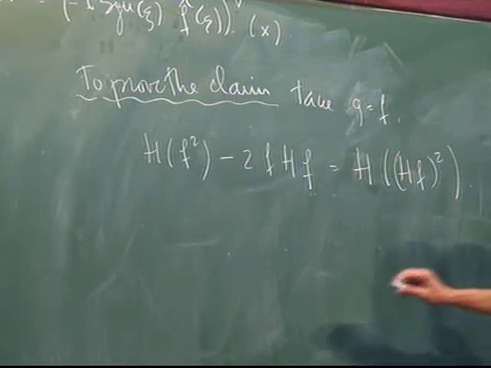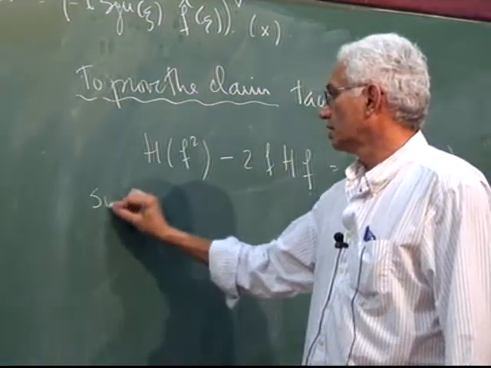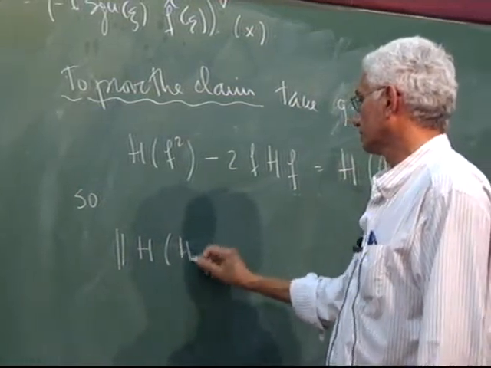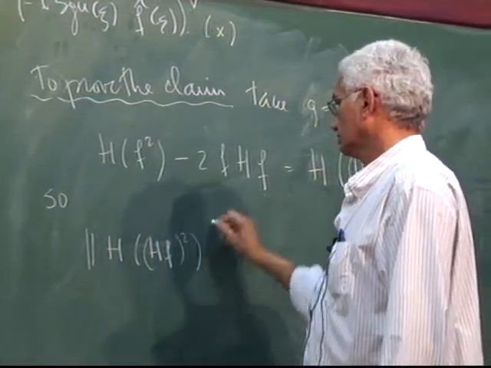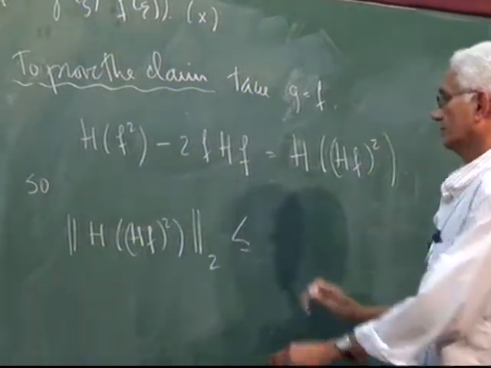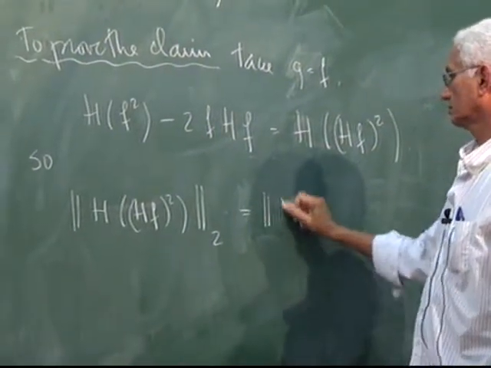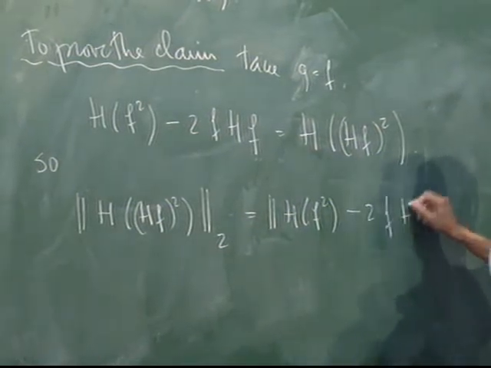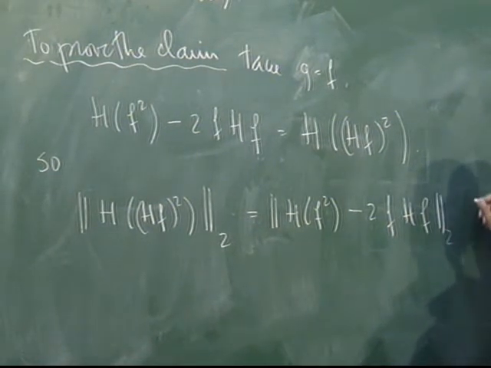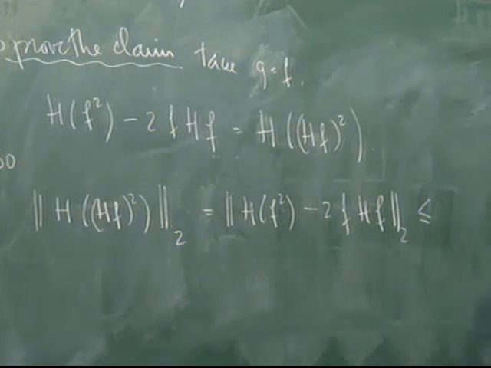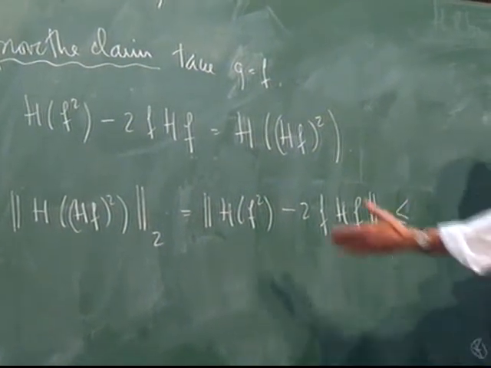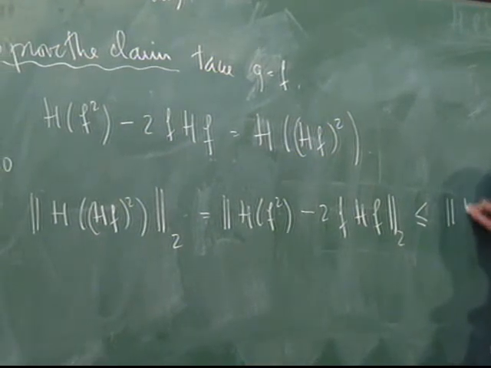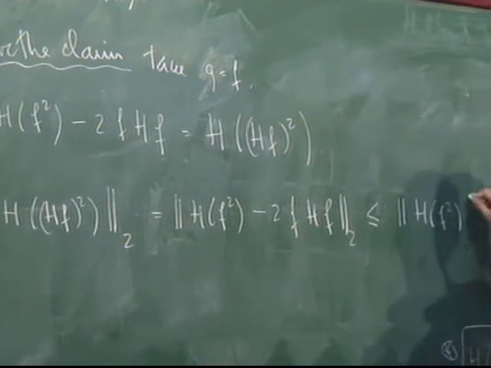Now take the L2 norm. The norm of the Hilbert transform of f squared, by the triangle inequality, is this.